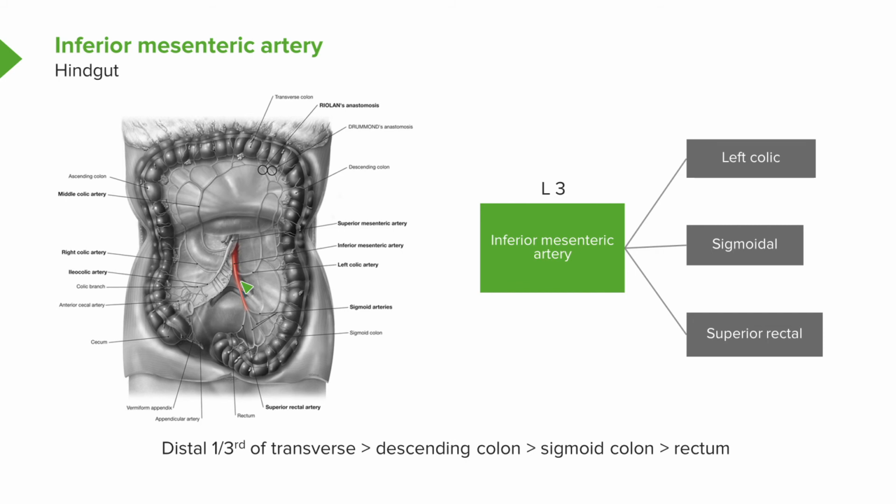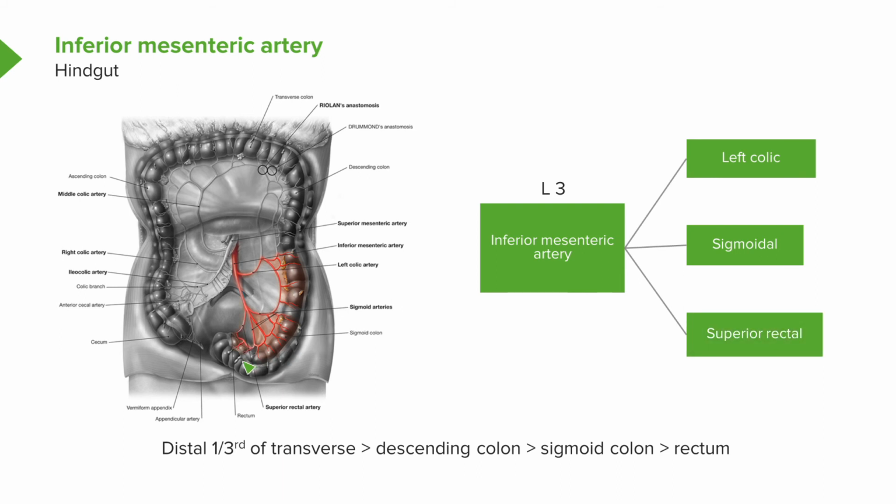It does this by the left colic, which we can see passing towards the left, towards the descending colon. It also gives rise to a series, maybe three to four sigmoidal arteries, which go to supply the sigmoid colon. And then it gives rise to a superior rectal artery.